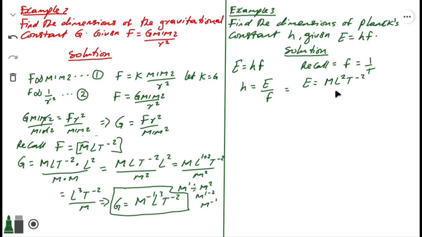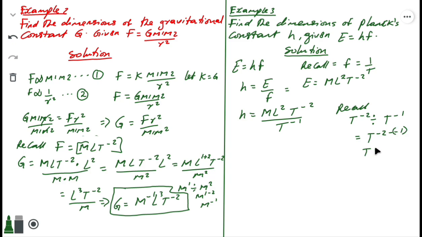So let's substitute this dimension into this expression, that is h will be equal to M L^2 T^-2 over T^-1. Now by simplifying, we recall that T^-2 divided by T^-1 can be re-expressed as T^(-2 - (-1)), which is T^(-2+1), so T is raised to the power of -1.